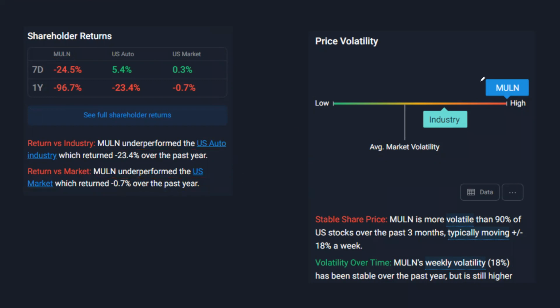All right. And if you take a look at the price volatility, we can see that Mullen is extremely high above the average market volatility and also above the industry market volatility. Mullen is more volatile than 90% of US stocks over the past 3 months, typically moving up or down 18% a week.